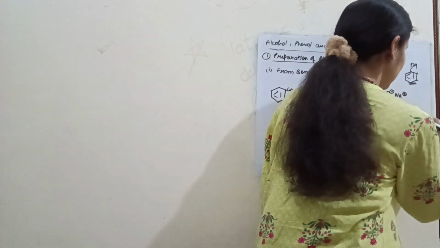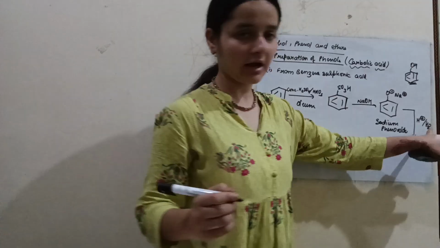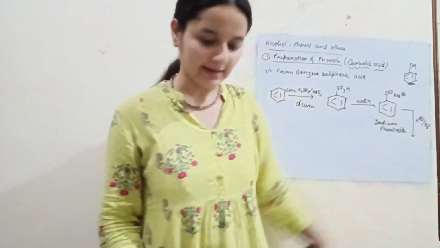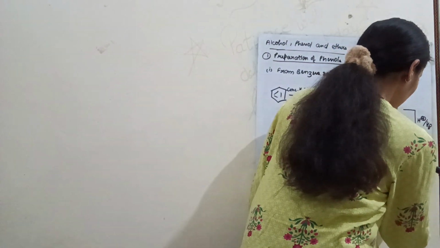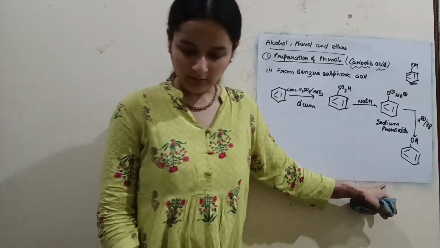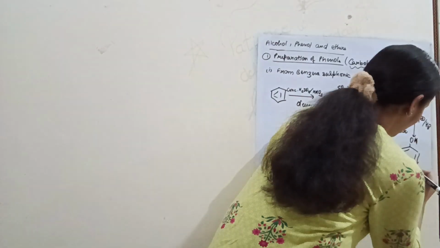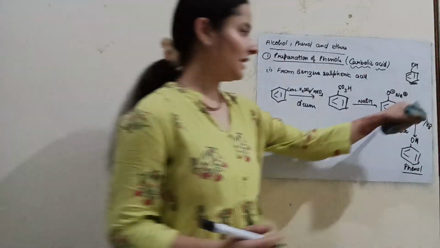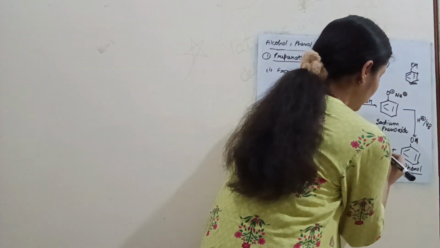When this sodium phenoxide is reacted with water, it undergoes hydrolysis. When it undergoes hydrolysis in the presence of acid, it will give you phenol. So we will get phenol over here, and along with it we will get NaOH.